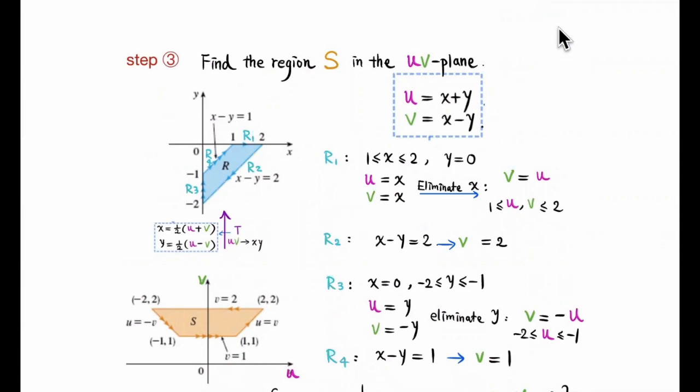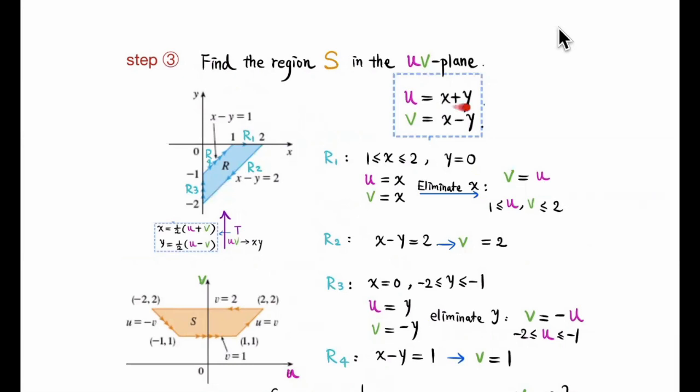This region here at the xy plane, the boundary of this region is going to map to the boundary of this region at the uv plane. To find out this region here, let's consider each side of the boundary. R1 over here, x is greater than or equal to 1, less than or equal to 2, y equal to 0.